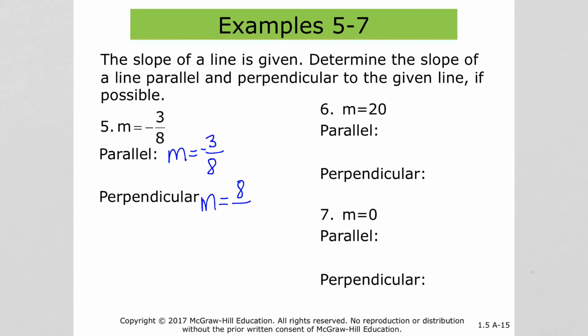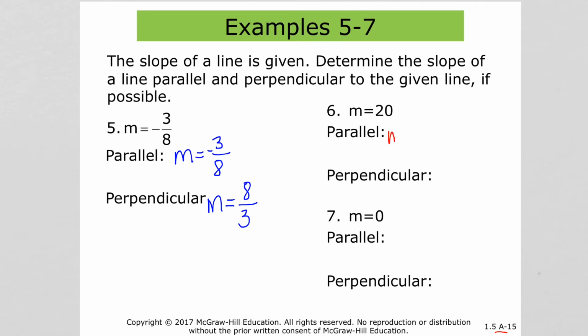So the perpendicular line slope will be 8/3. For number 6, the slope is 20, and so the parallel line slope will also be 20. The perpendicular line slope will be negative, and this was 20 over 1, right? So to flip that, we have 1 over 20.